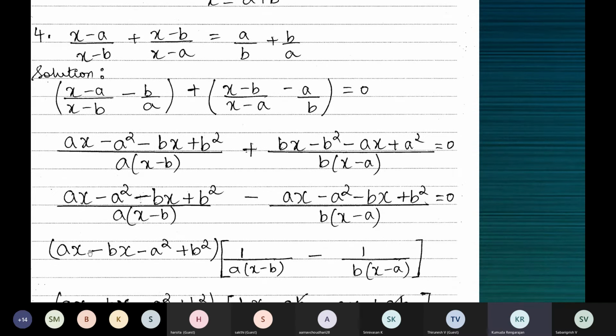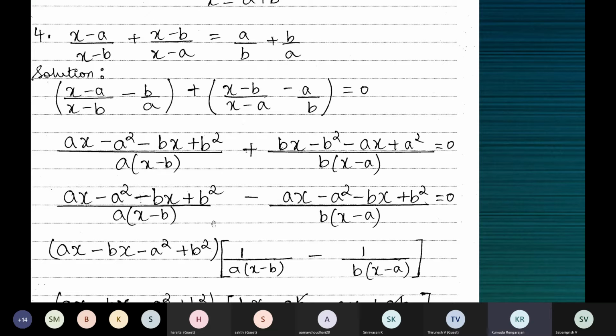Like, children, if you have x by y minus x by z, x divided by y minus x divided by z, x is the numerator in both. So you take out x common, open a bracket, and write 1 by y minus 1 by z.